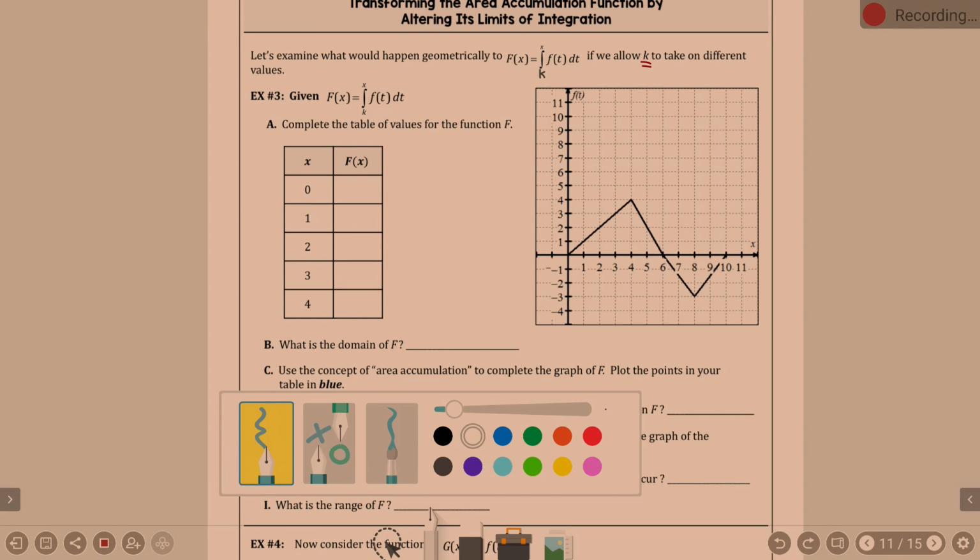Why do I have it crossed out in mine? Because in example 3, k is 0.